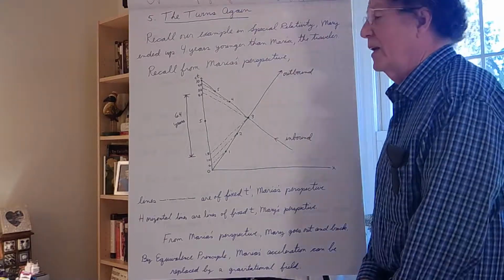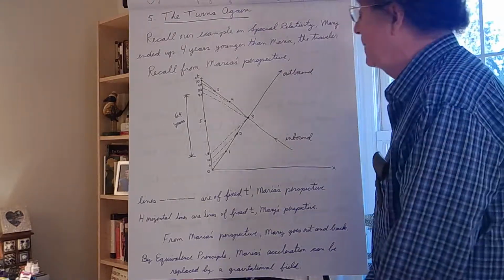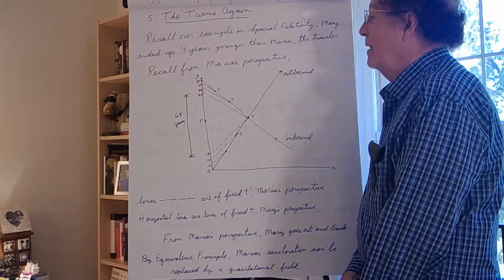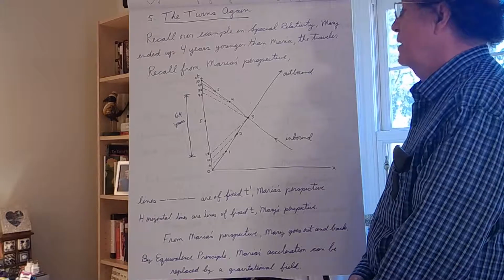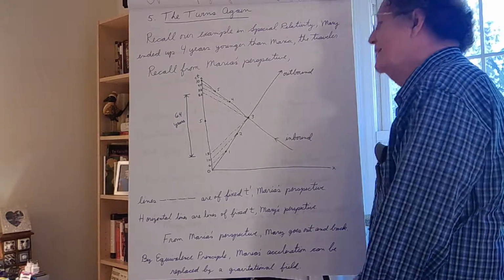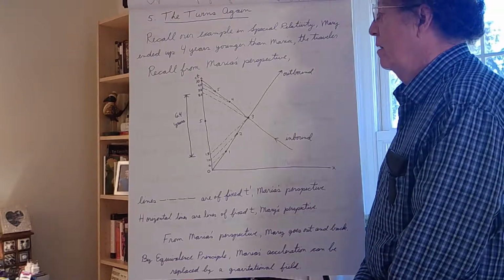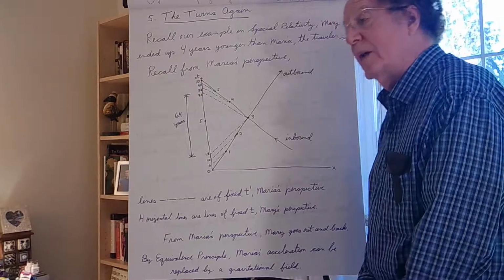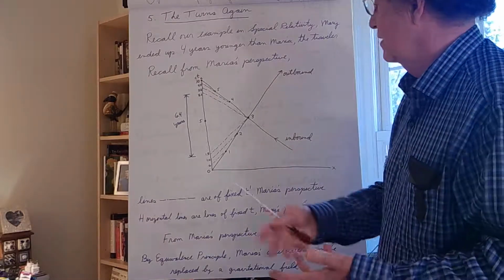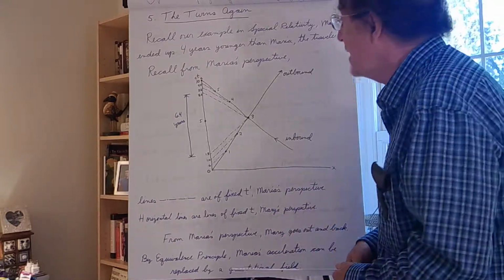So something discontinuous has happened, and it shows up in a discontinuity in the aging process of Mary from the perspective of Maria. It's from one's perspective to the other. Mary is just sitting there on her clock. Everything is fine. It's just clanking along on a regular basis.